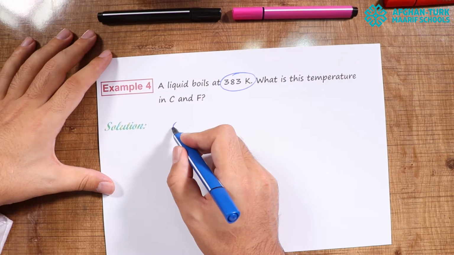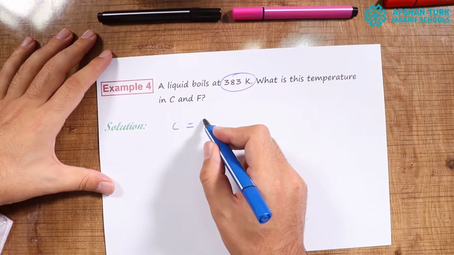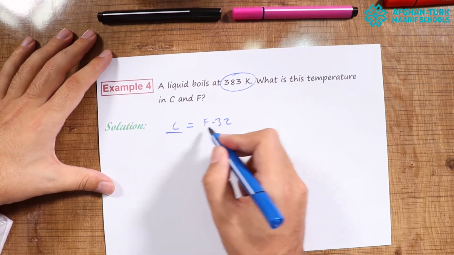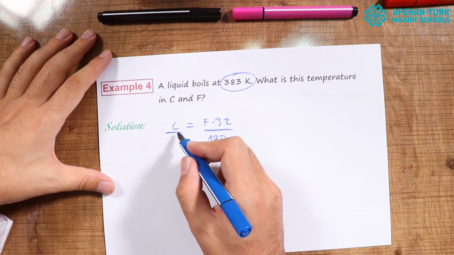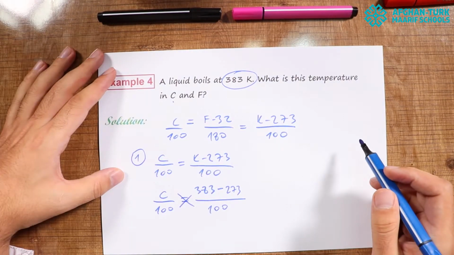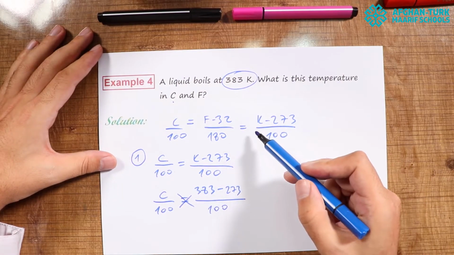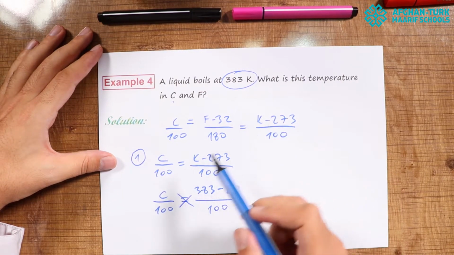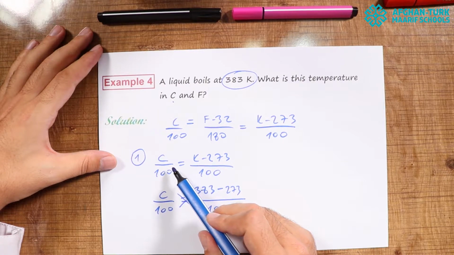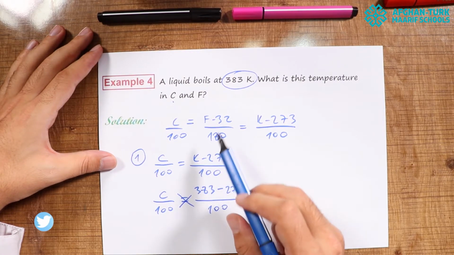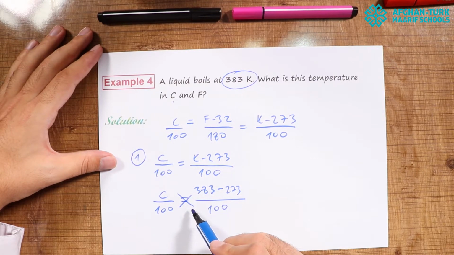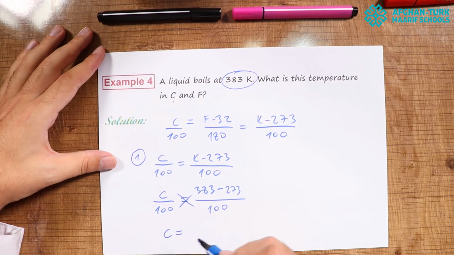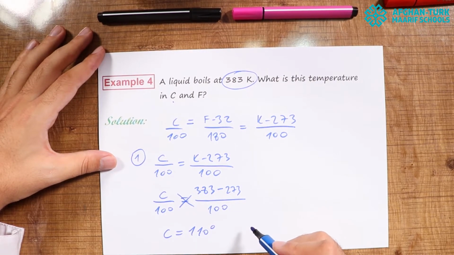If I use the relation again, C divided by 100 equals F minus 32 divided by 180 equals K minus 273 divided by 100. I'm trying to find the Celsius, so the K was 383 Kelvin. From the cross multiply, I will find C as 110 degrees Celsius.